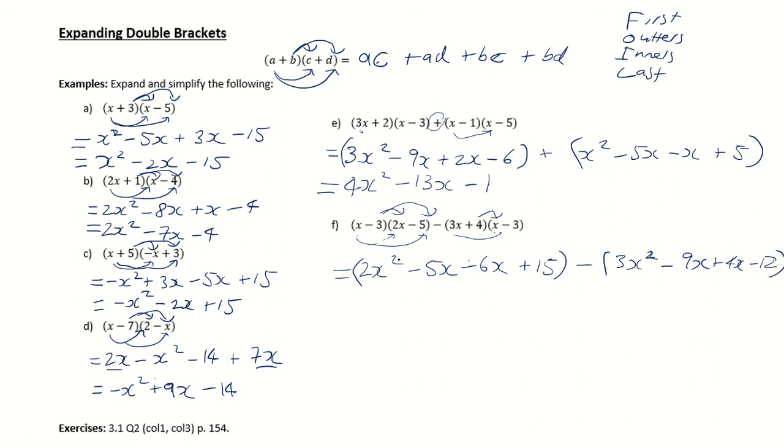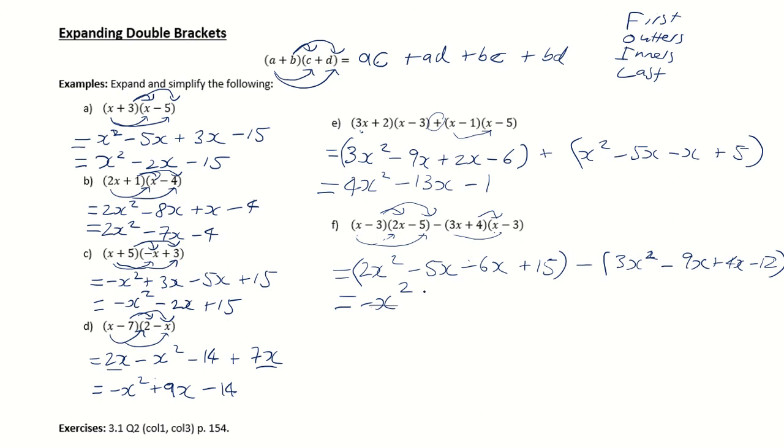Now, we need to be careful when collecting like terms. So we have 2x squared. The only other x squared term is this one. So we have 2x squared take 3x squared. So that's going to be negative 1x squared. Then we're going to have negative 5x take 6x is negative 11x.